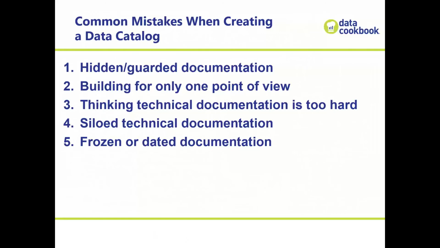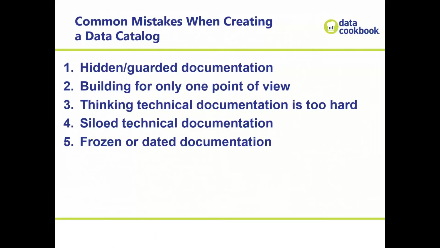Another common mistake is frozen or dated documentation. This describes the situation where you start a data governance project and you say, we're going to export or import or document all of the tables and columns and all the technical metadata in this data system, and we're going to import it into our data governance tool, or dump it out to this website or whatever you're talking about, and then you do that, and then you never update it ever again, right?